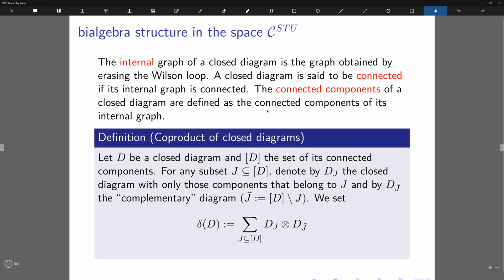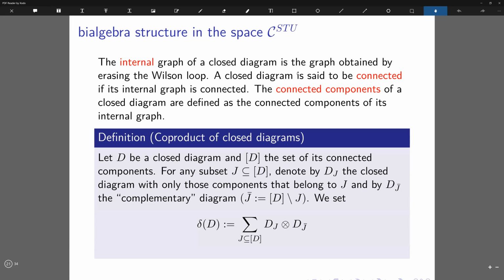And for the co-product of the closed diagram, you need some more definitions, which is the internal graph of a closed diagram. It's just a graph. If you remove the circle and the remainder all the vertices, what is left we call the internal graph. And we say a closed diagram is connected if the internal graph is connected.